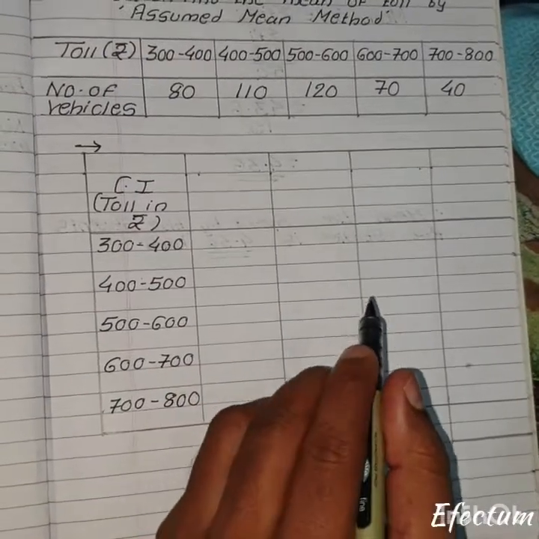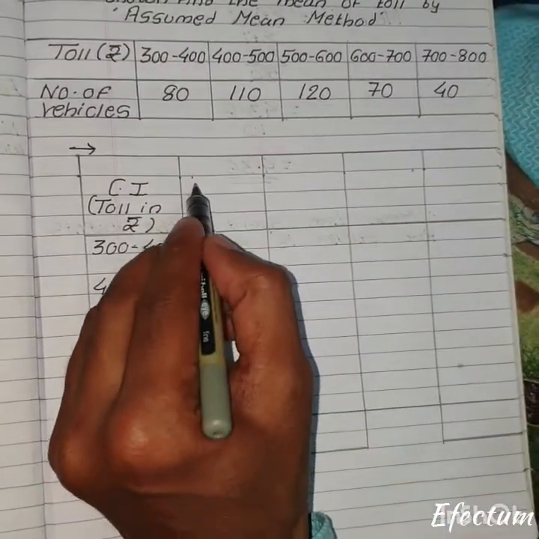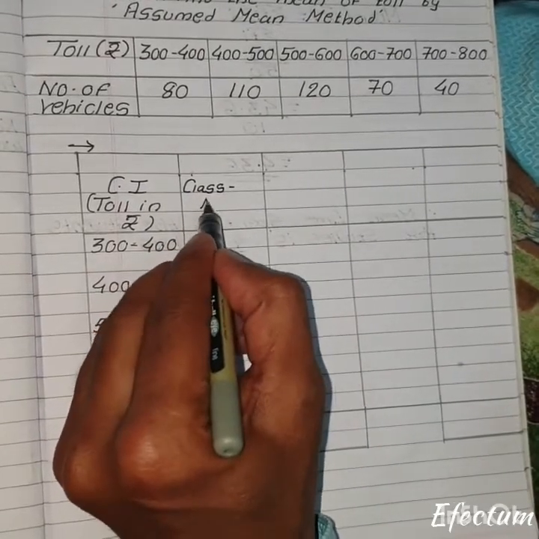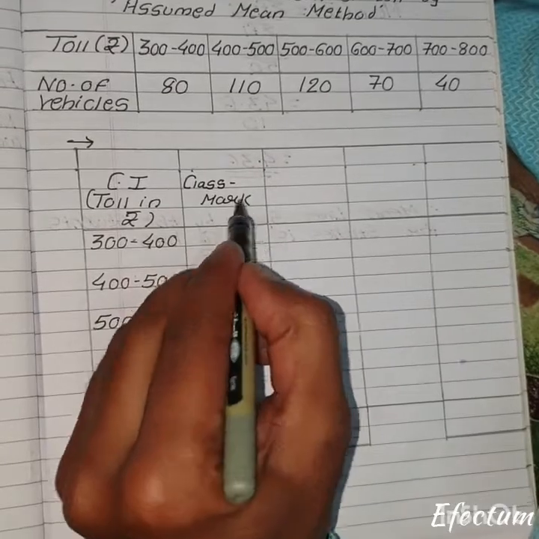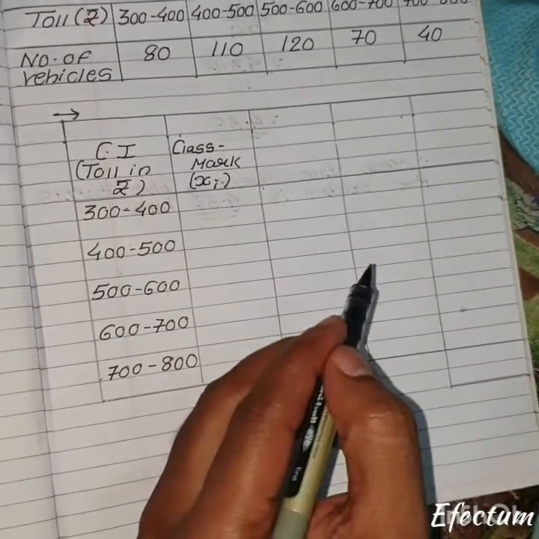Now in the first example we have seen what our second column is. Second column is class mark. It is denoted by xi.